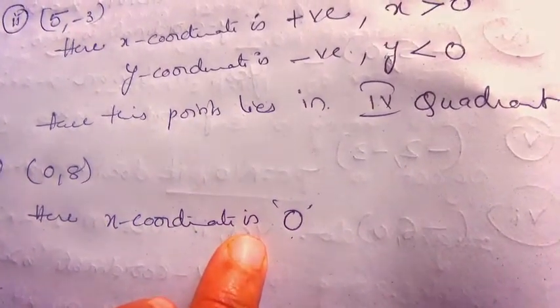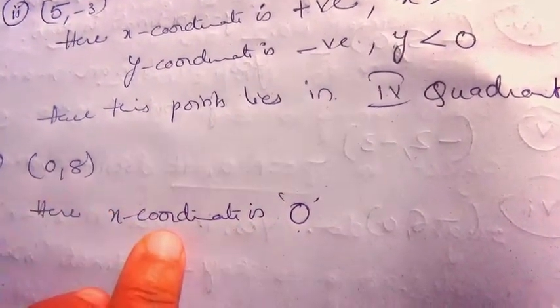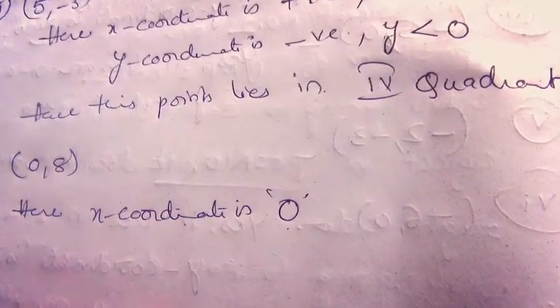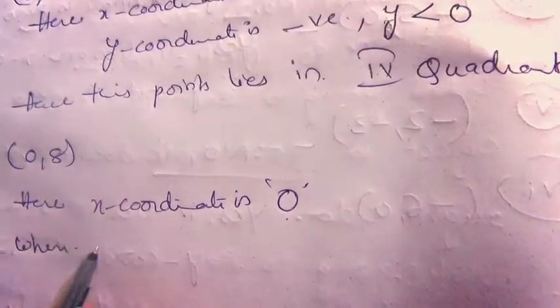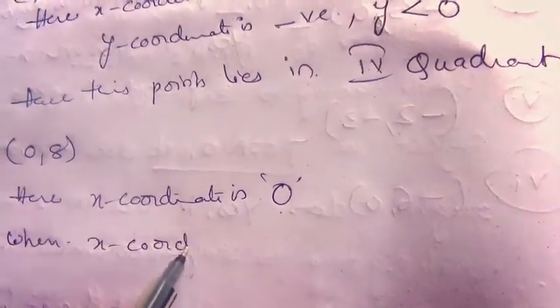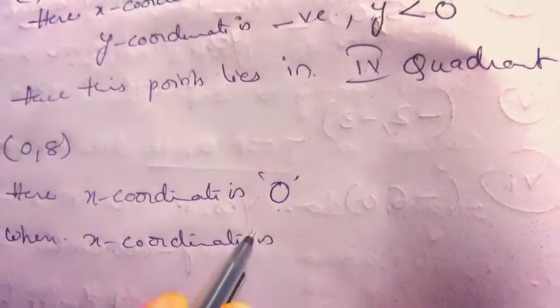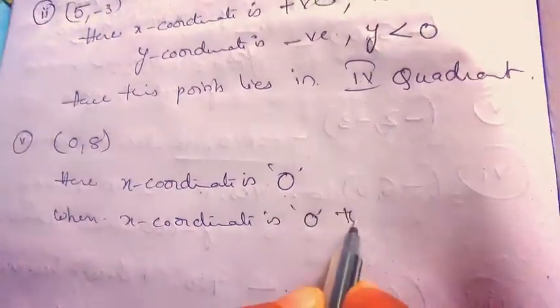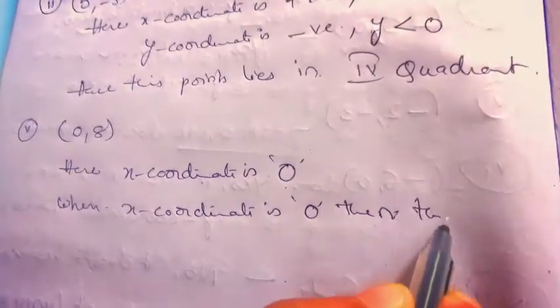When the x coordinate is 0, the point lies on the y-axis. That was the answer.